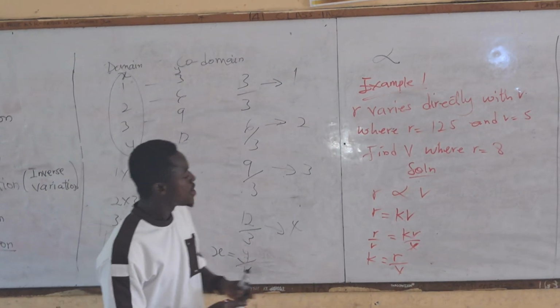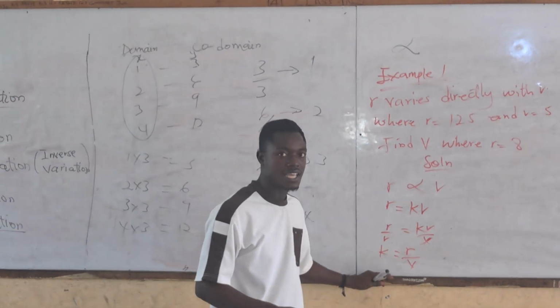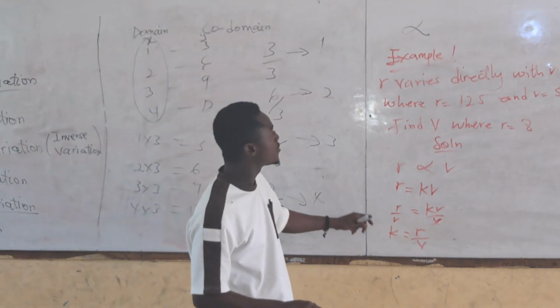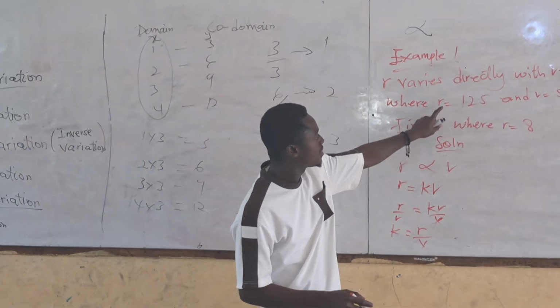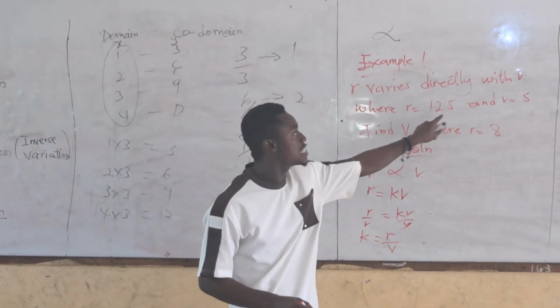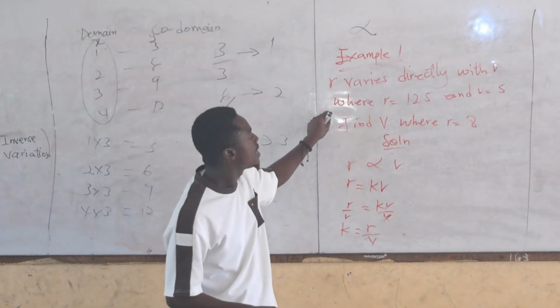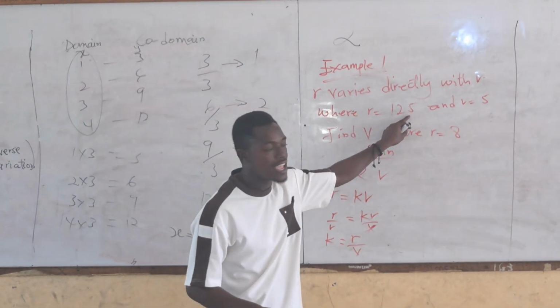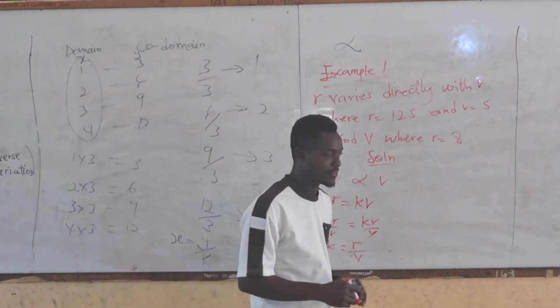And now we have to solve for our K. We have been given R in the first preamble, where R is equal to 125 and V is equal to 5.